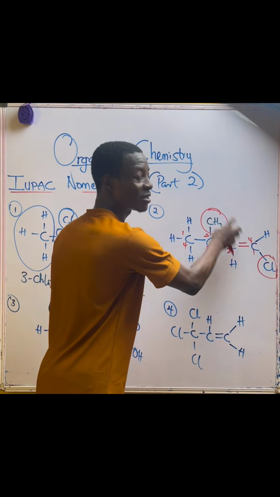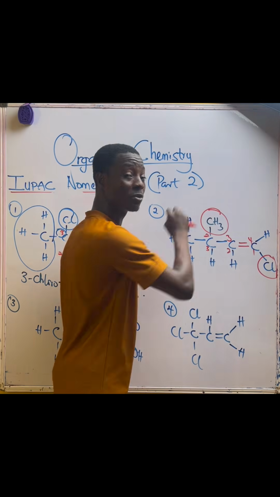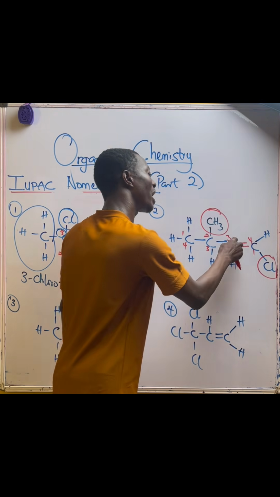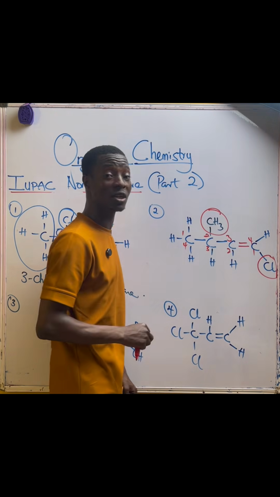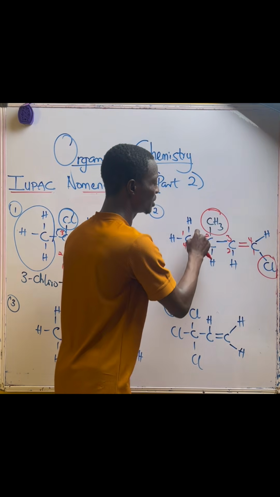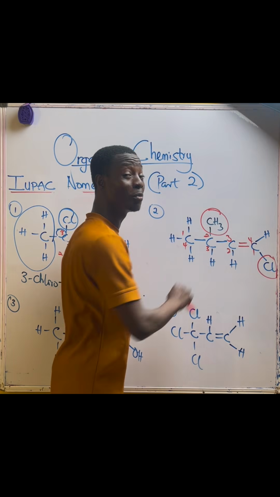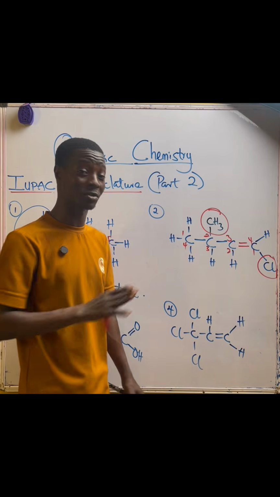But the double bond is part of the functional groups we have. So we have to count it as one of our functional groups. In other words, we have about 3 substituents: 1, 2, and this one here, which is 3, the double bond. The double bond on its own is a functional group.